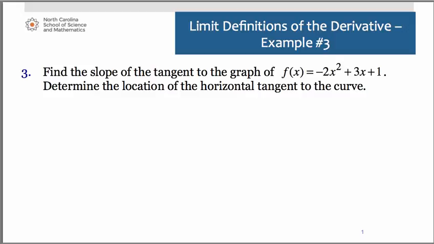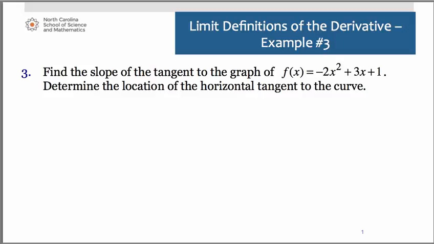So since there is no point at which we are asked to find the specific derivative, it's implied that we're just looking for that general expression that will give us the derivative at any point that we were to substitute in. So that requires us here to use the first limit definition of the derivative.